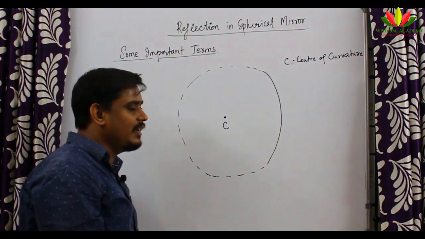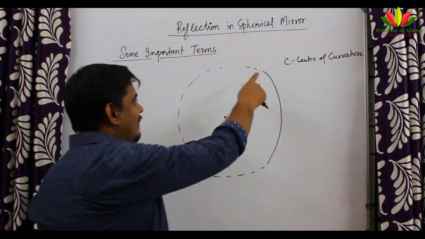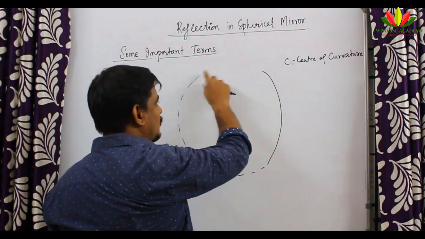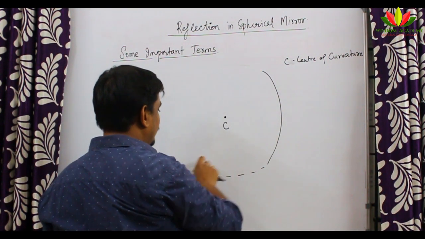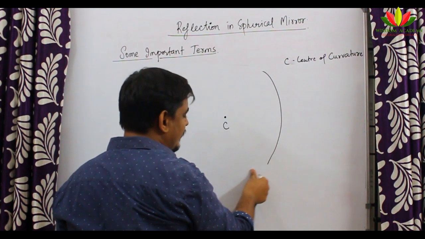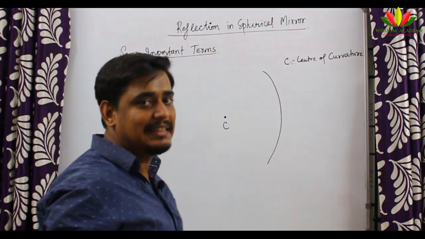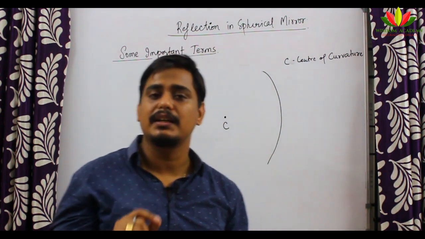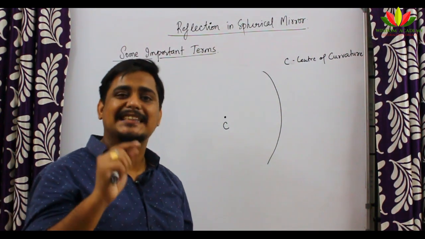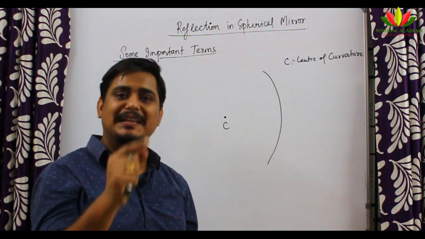Now I will erase this part because we have understood how the center of curvature is defined. It is the center of the sphere from which your mirror has been derived, from which your mirror has been taken.